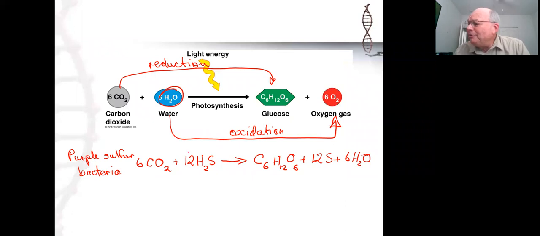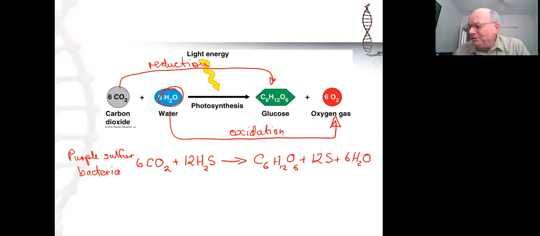But notice, whereas we have 6 waters in this equation for photosynthesis, we have 12 H2S. And that gives us 12 sulfurs. And we get water as a product of the equation.